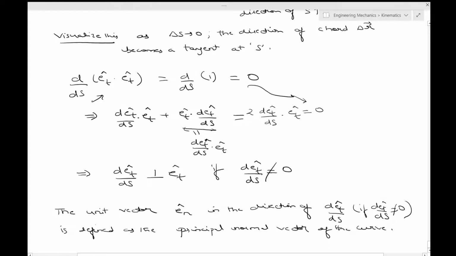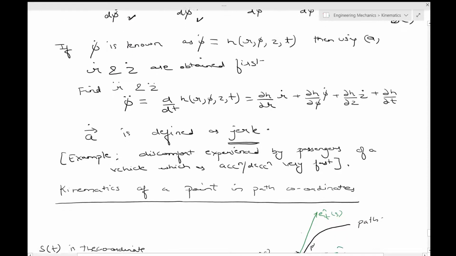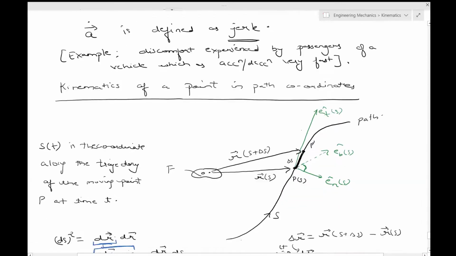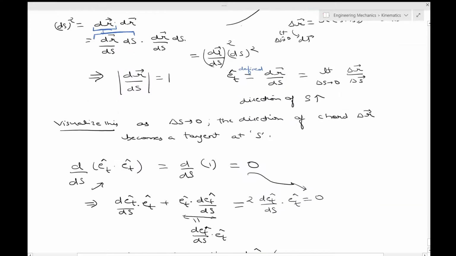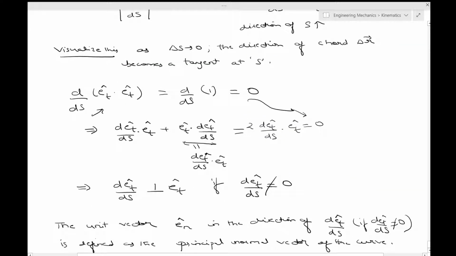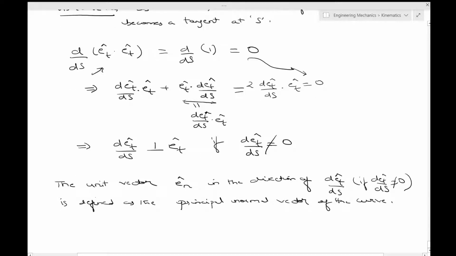Now since En and et are perpendicular to each other, and here you have found out that det by ds is also perpendicular to et, you are saying that the unit vector En in the direction of det by ds is defined as the principal normal vector, that's En, of the curve.